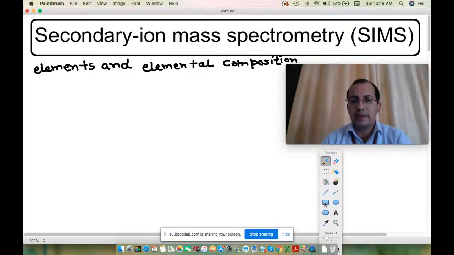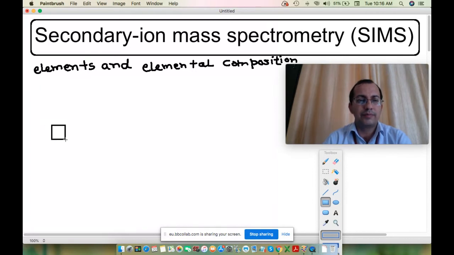First of all, let's have a quick look at the experimental setup. You have a source, and from the source you would have the sample like this.